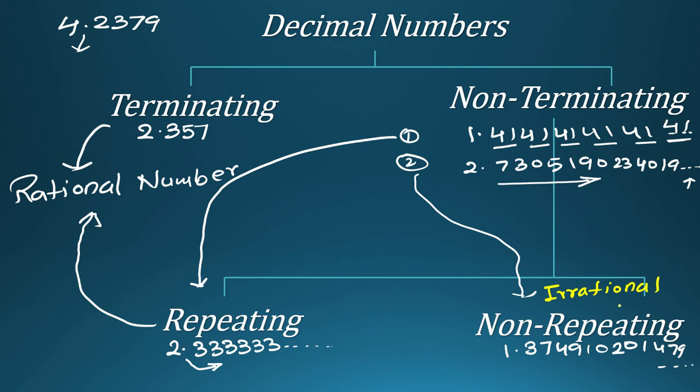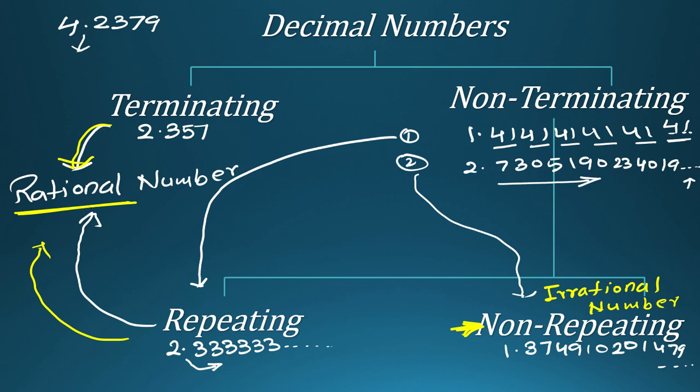Again, I am revising for you. Terminating or non-terminating but repeating numbers are called rational numbers. But non-terminating and non-repeating numbers are called irrational numbers.